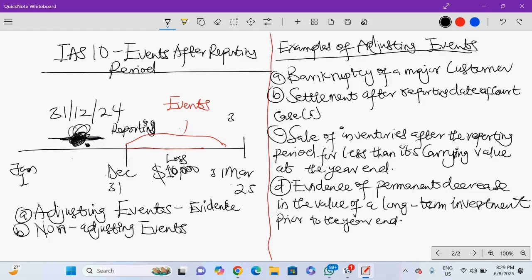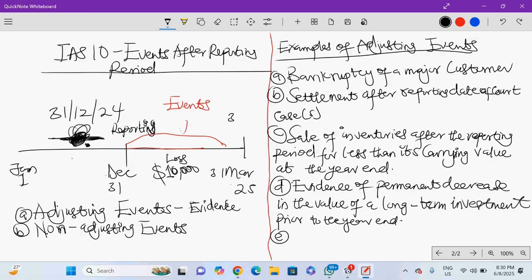So you are using a machine, and definitely, as you are using it, it will depreciate, right? The value of the asset will fall. So when it falls, maybe after the period, you have to go back and adjust it, right? So that is an adjusting event.